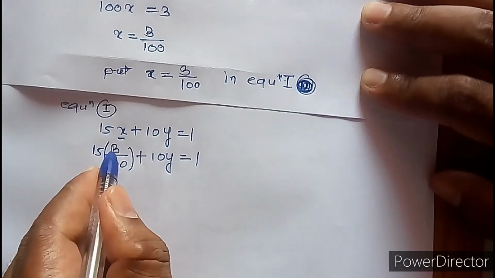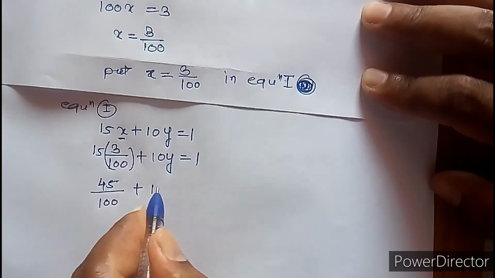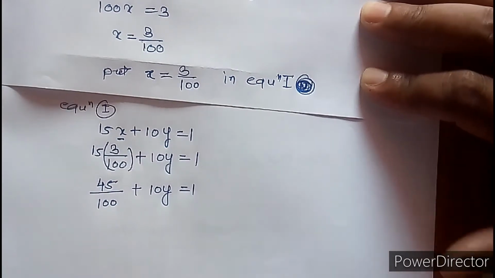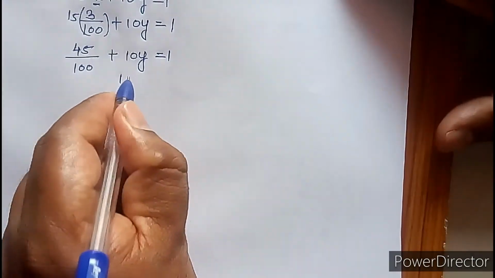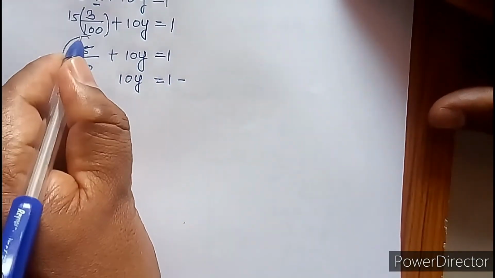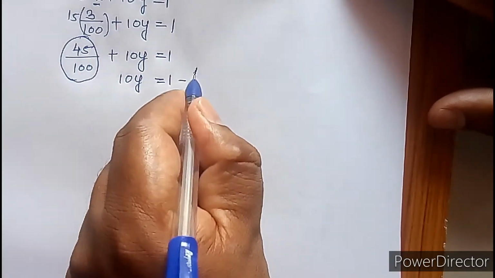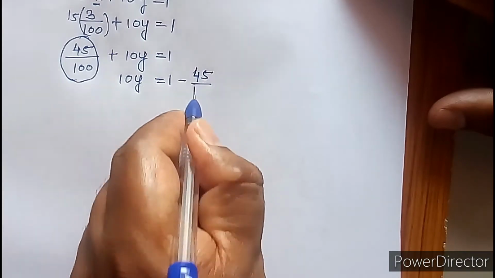Now here 15 into 3 is 45 divided by 100, plus 10y equals 1. Now the value of 10y will be 1 minus 45 divided by 100, as the 45 by 100 is shifted to the right side and becomes minus 45 by 100.